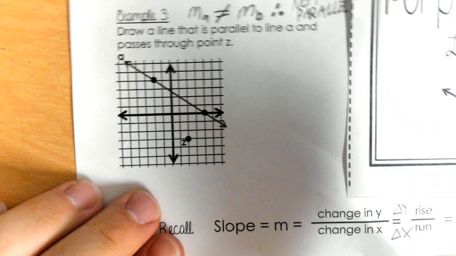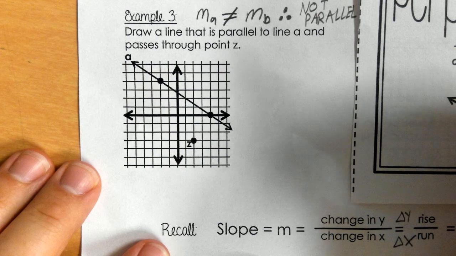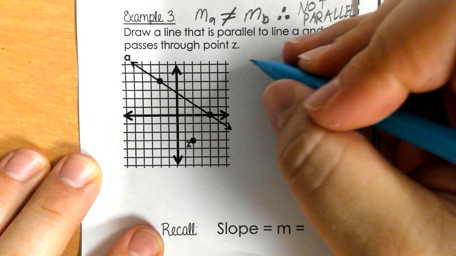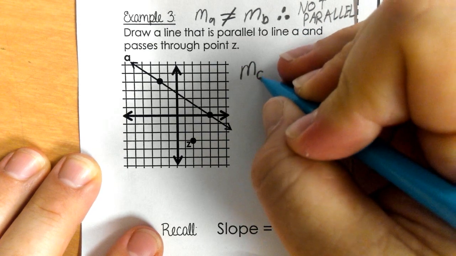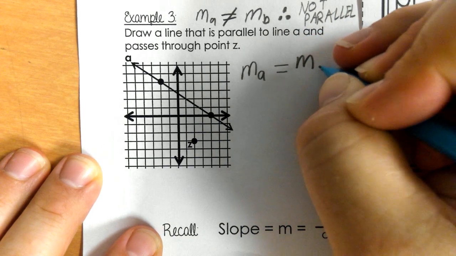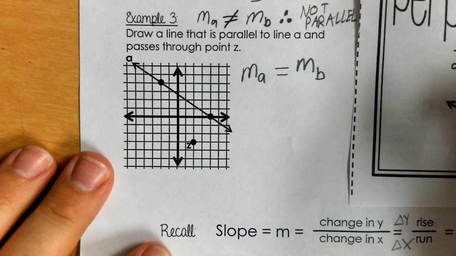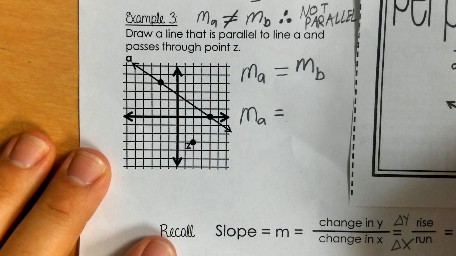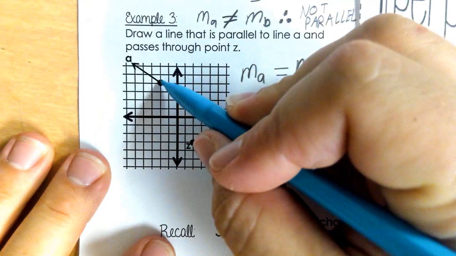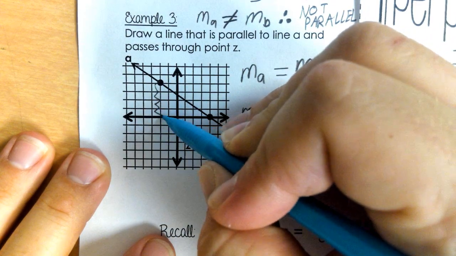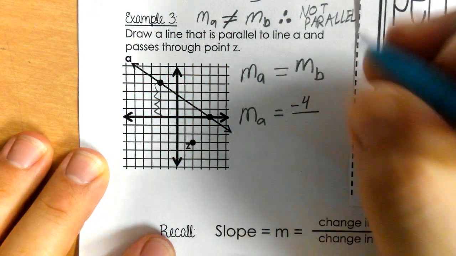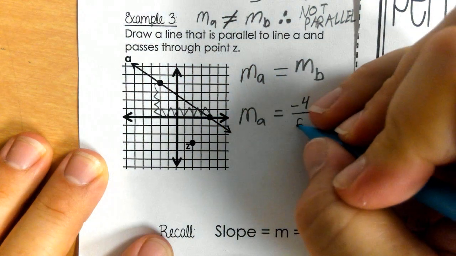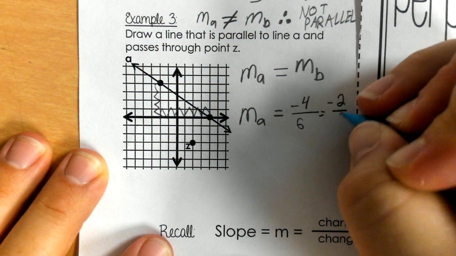Three, draw a line that is parallel to line A and passes through point Z. If the line's parallel, that means the slope of A must equal the slope of line B. Well, what is the slope of line A? -4 over 6 equals -2 over 3.